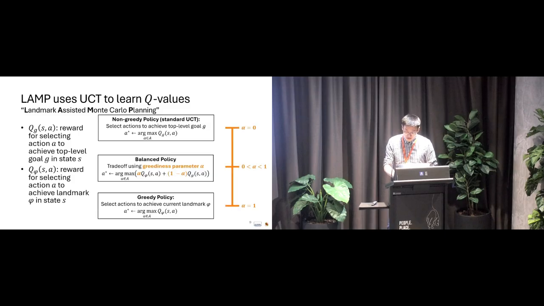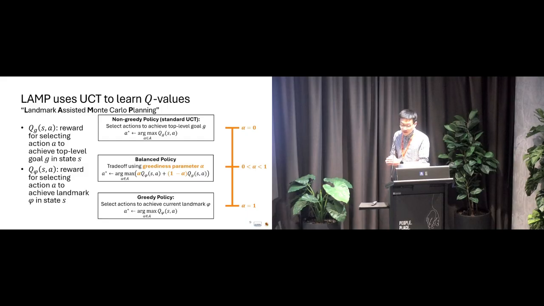We called it alpha. If alpha is 0, we say that the policy is non-greedy. It ignores landmarks. It's entirely focused on that final goal. This is standard UCT. If alpha is 1, we say that the policy is fully greedy. It focuses exclusively on achieving the current landmark phi.